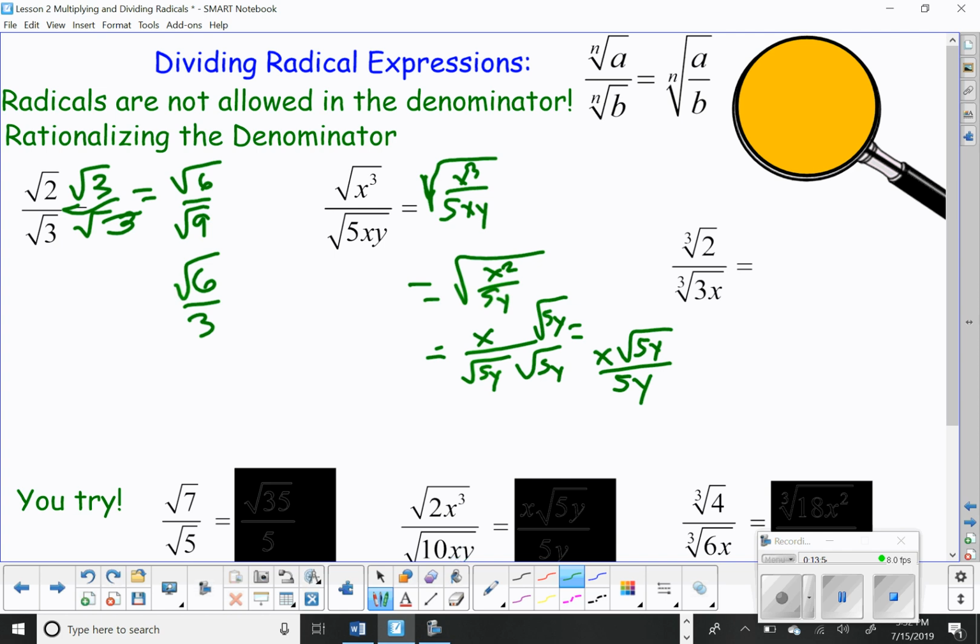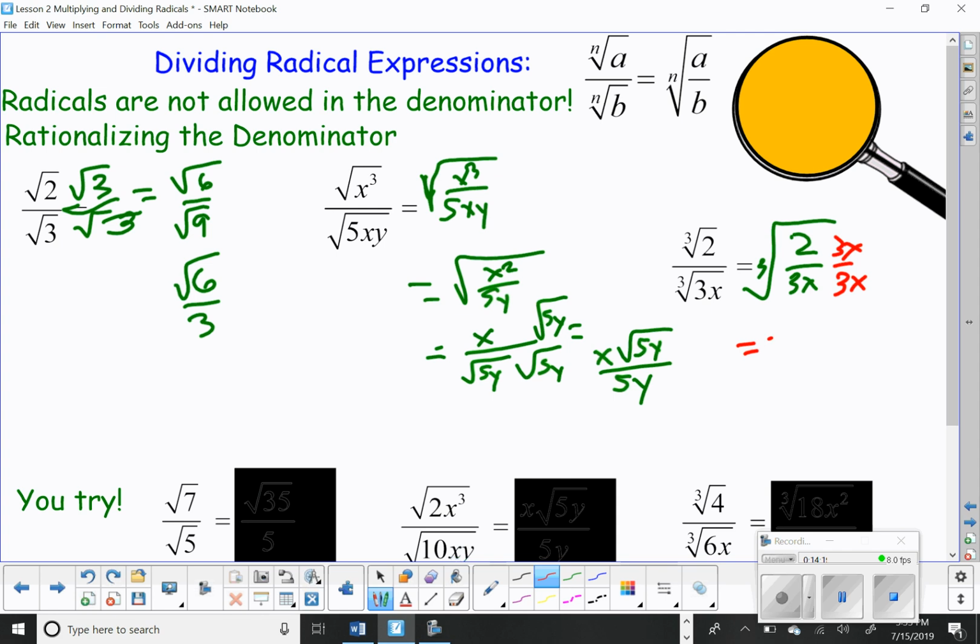Now, over here to the right gets a little bit trickier because it's a cube root. So now we have the cube root of 2 over 3x. But we can't just multiply by 3x, because if we did, let's try that. 3x over 3x.